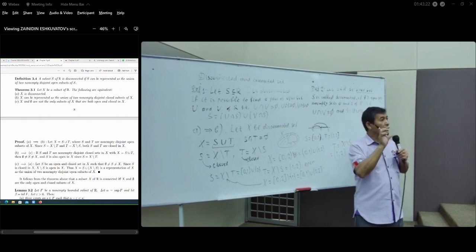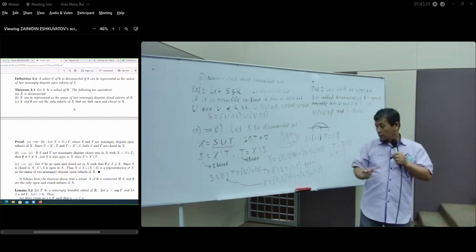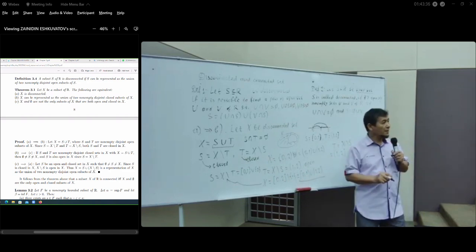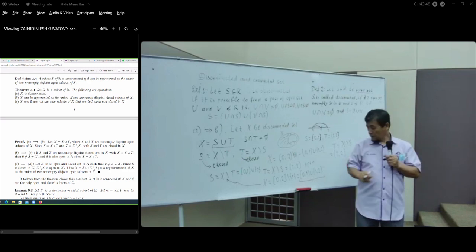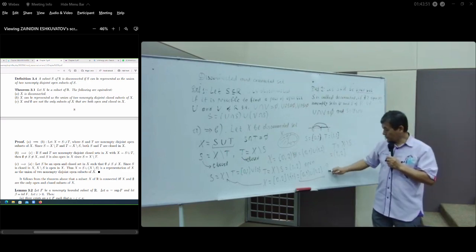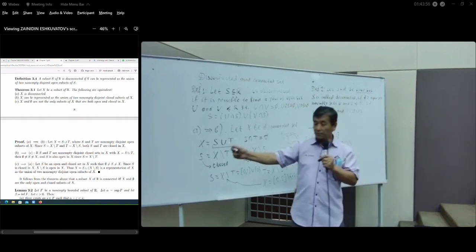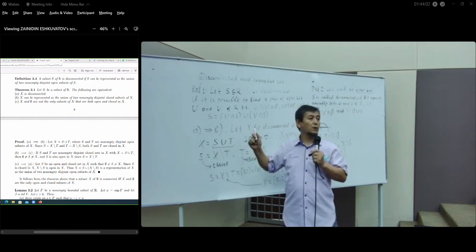If S is closed and T is closed, the union is closed. So in this case, X must be a closed set. If I write X like this, it is not a closed set because one point is out. Actually, if X is a closed set, it means a very strange point. Imagine, according to the theorem, S is closed, T is closed, S union T must be closed.